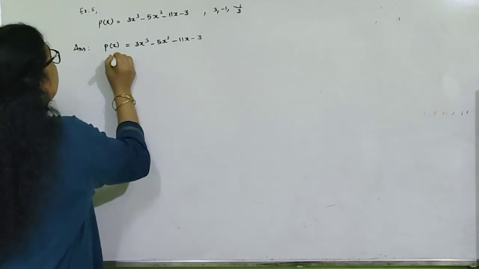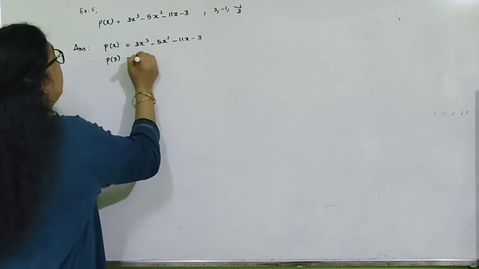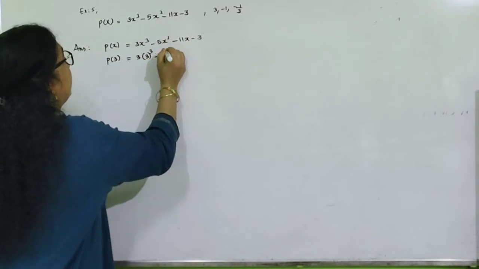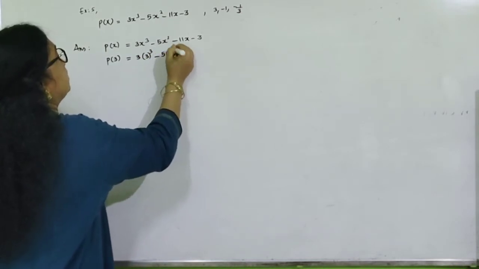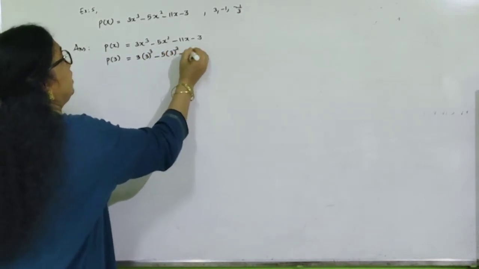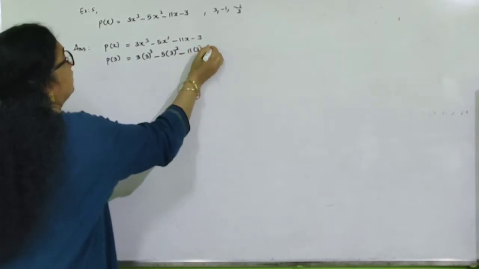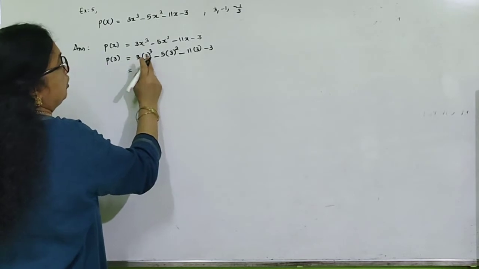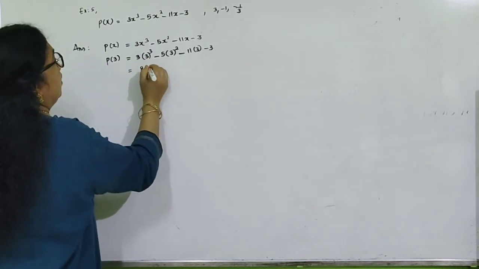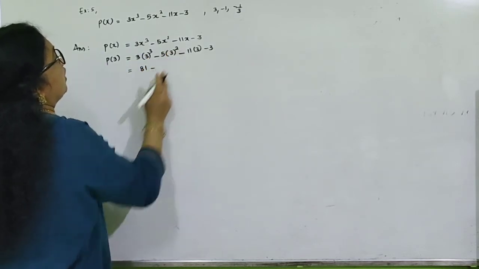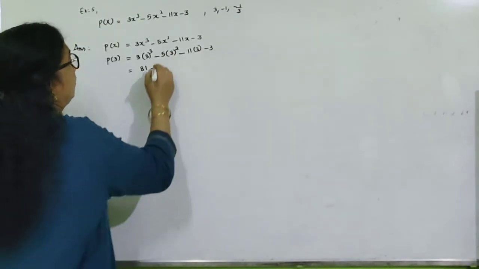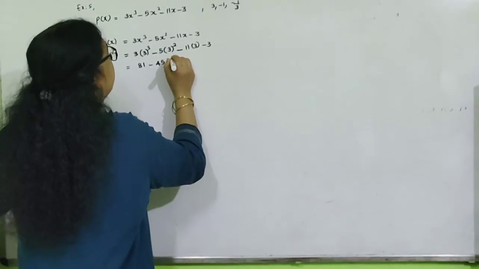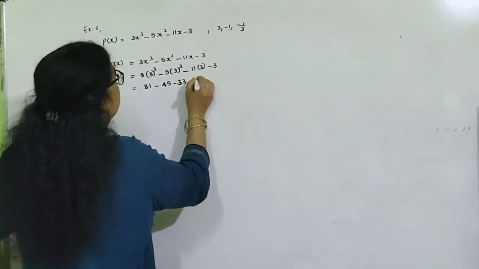P of 3: instead of x you write 3. 3 into 3 cube minus 5 into 3 square minus 11 into 3 minus 3. 3 cube is 27, and 3 into 27 is 81, minus 5 times 9 is 45, minus 11 times 3 is 33, minus 3.